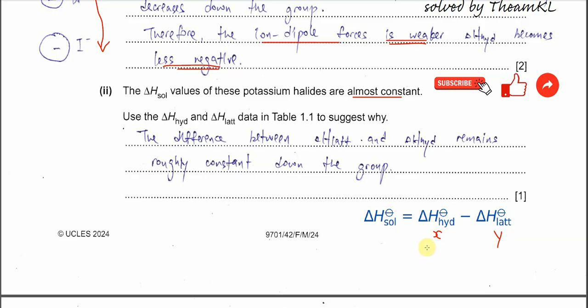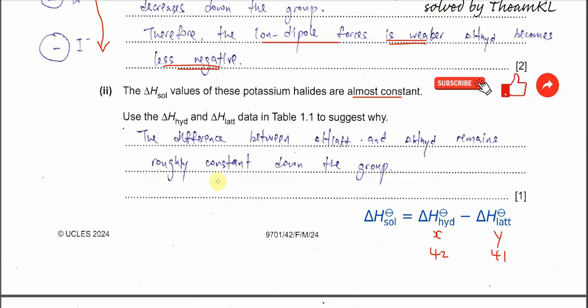The difference is 42, and for this one the difference is 41. So X changes by 42 and Y by 41, so eventually the difference is very close.